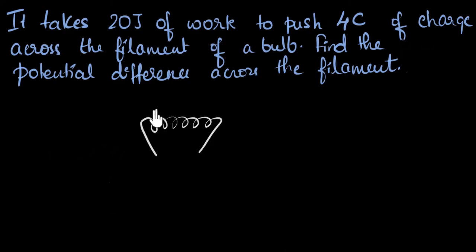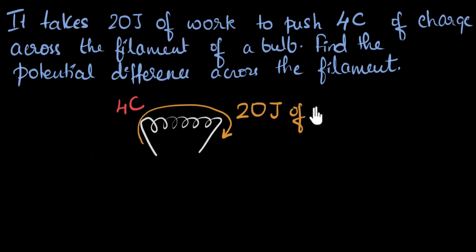We know to push 4 coulombs of charge across the filament, it takes 20 joules of work. So given this, we are asked what is the potential difference across the filament.